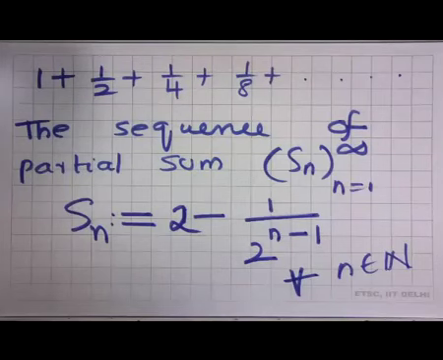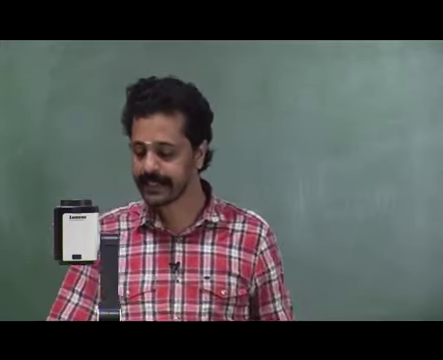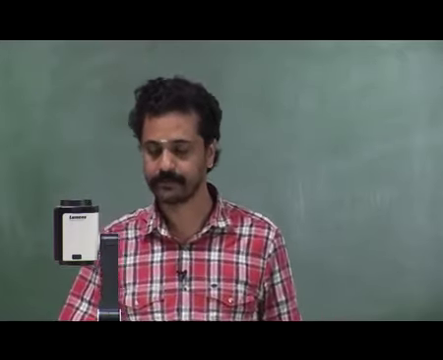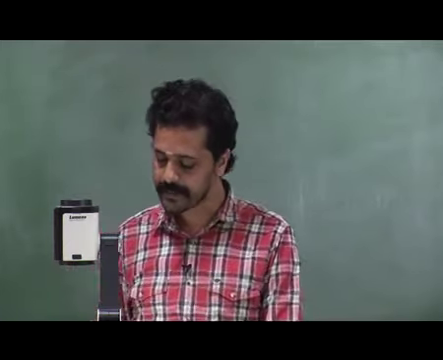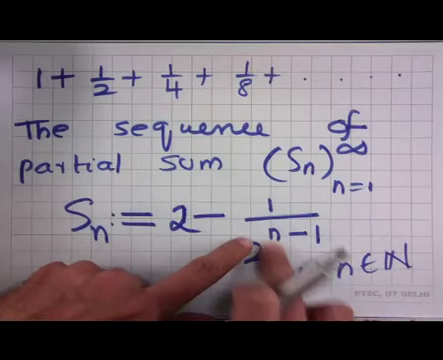Observing this sequence of partial sums S1, S2, S3 and so on, it is not hard to see that as n increases, terms of the sequence Sn become close to 2, because as n increases, this n minus 1 is a large value.